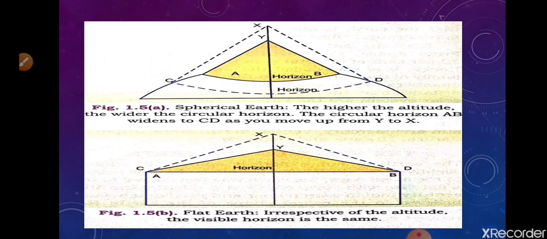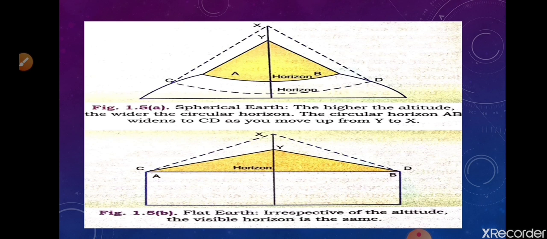You can see from that picture that on a spherical earth, the higher the altitude, the wider the circular horizon. So we can say that CD is wider than AB in the picture shown here. So we can say that when looking at the horizon, the Earth is a sphere.